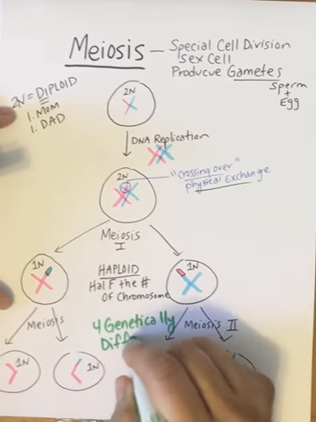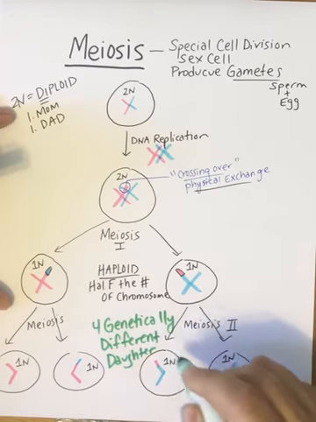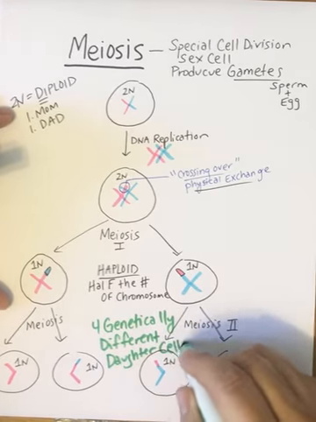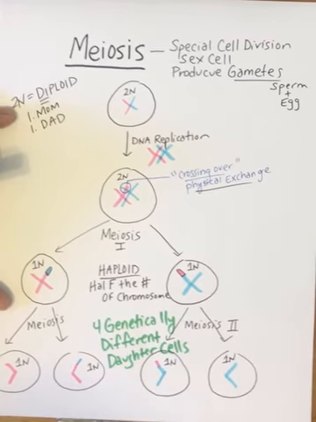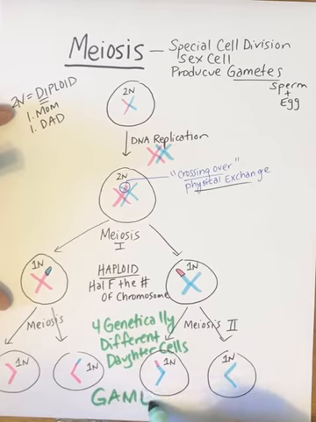And the way you have genetically different cells is you have to have this physical exchange. However, these daughter cells are going to be gametes.